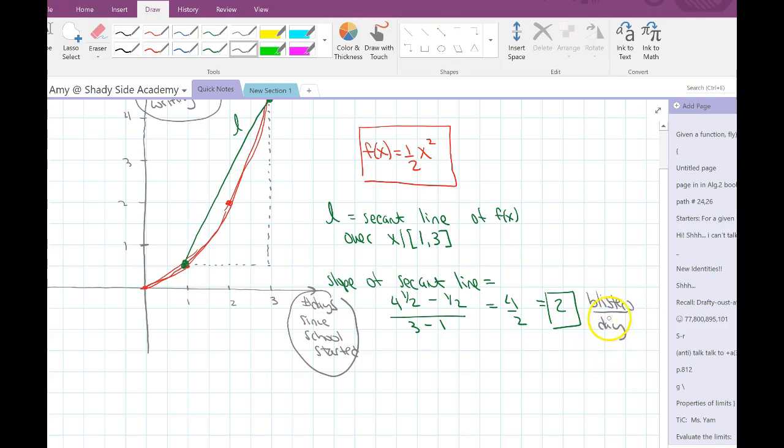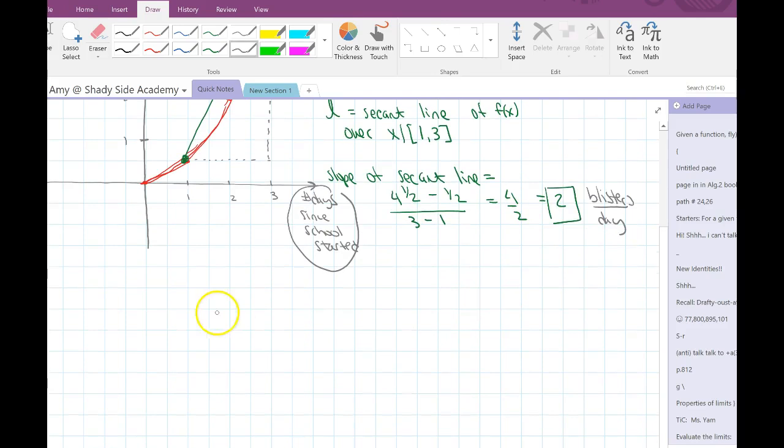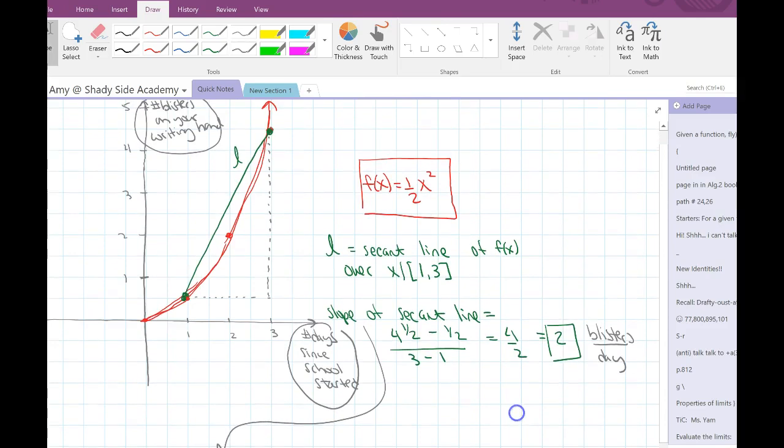In other words, this slope represents the rate of change of blisters per day over the interval from day 1 to day 3 of school.